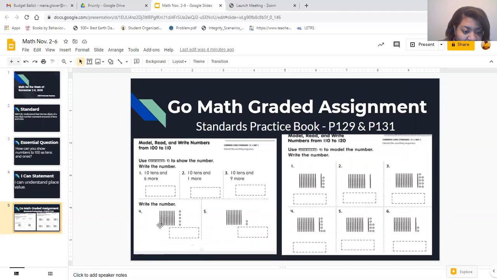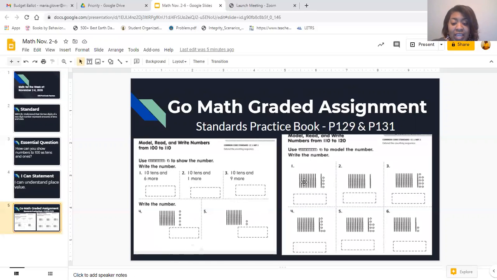We have 10, 20, 30, 40, 50, 60, 70, 80, 90, 100, 101, 102, 103, 104, 105. So of course right there it would be 105. Count by tens, and then once you get to that last 10, which is more than likely going to be 100, count on by 1.